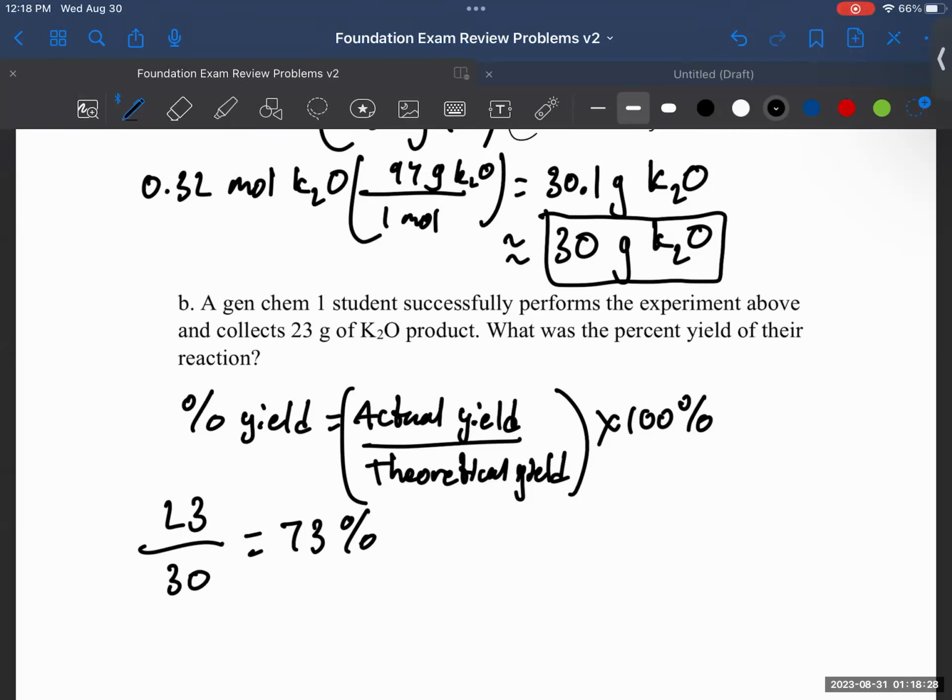All right. Sig fig wise, do we care? No, 76. 76? All right. 76%. Sig fig wise, do we care at all?